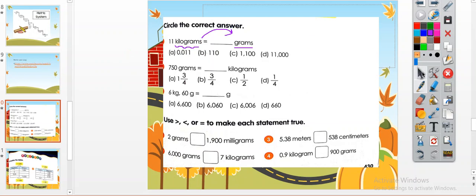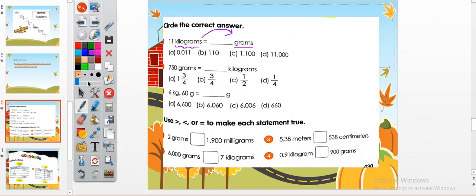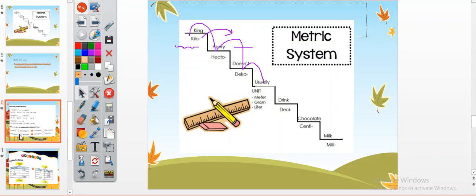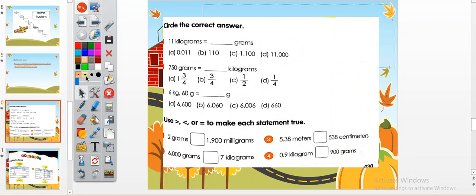So going to the chart, from a kilogram to a gram, I will jump 3 times. 1, 2, 3. So the number you're going to multiply by is 1,000. Multiply here by 1,000, and you will get the answer. 11 times 1,000 is 11,000.